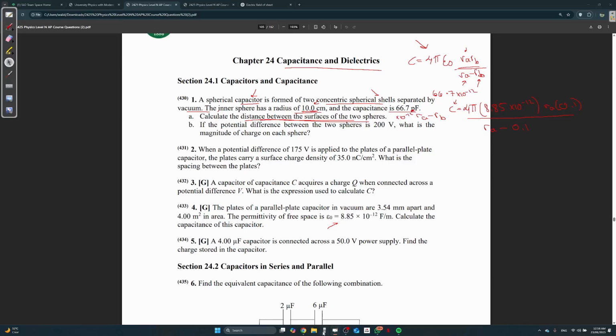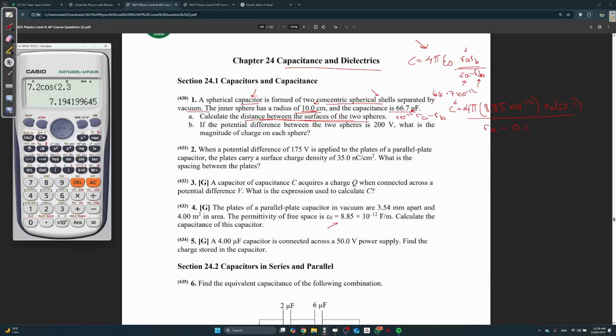Okay, solving this: 66.7 times 10 to the minus 12 is equal to 4 pi times 8.85 times 10 to the negative 12 times R_A, we're just going to call that X, times 0.1 over X minus 0.1.